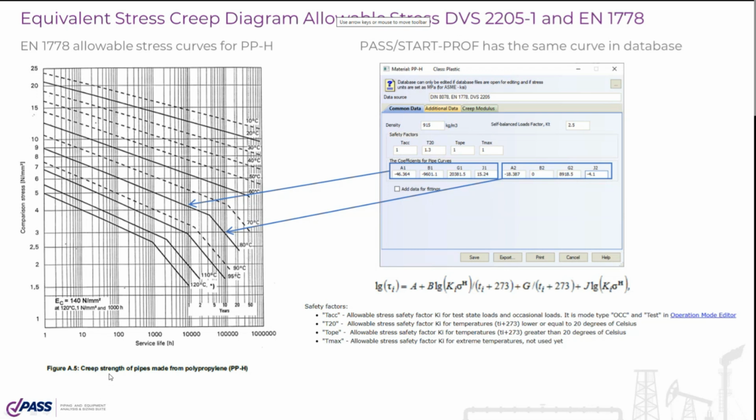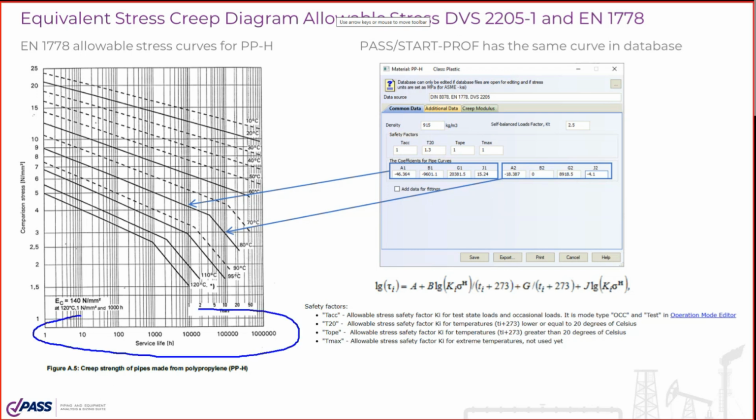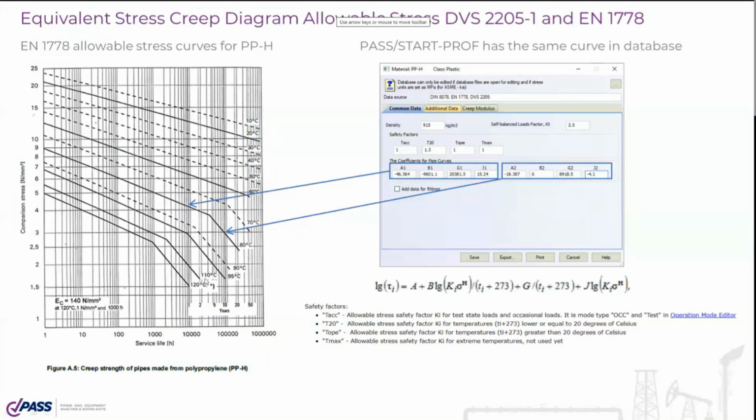And as you can see here, the scale in the horizontal direction is logarithmic. This is the service life in hours, and this is the allowable stress, in the vertical direction. And also it depends on the temperature. For different temperature values, we have different diagrams. And those diagrams are approximated by the following equations.